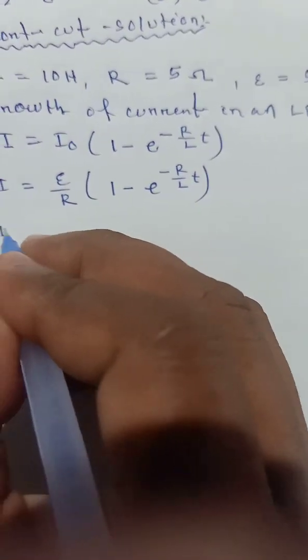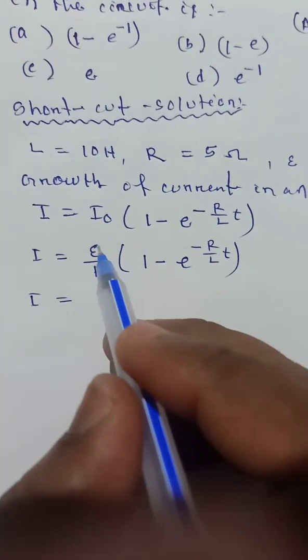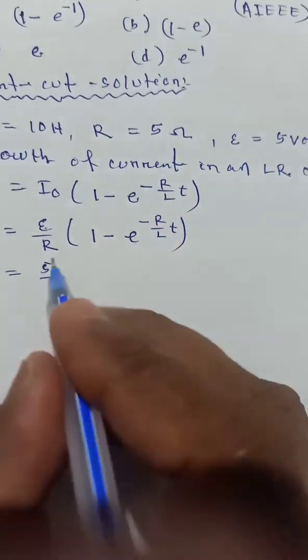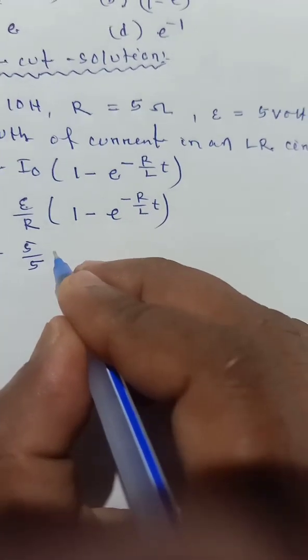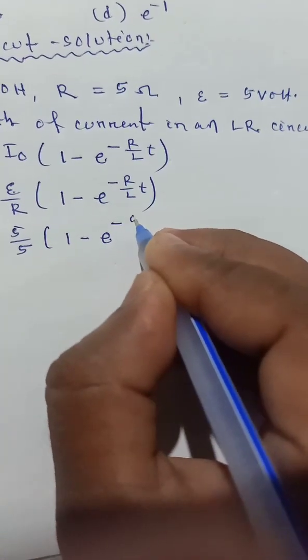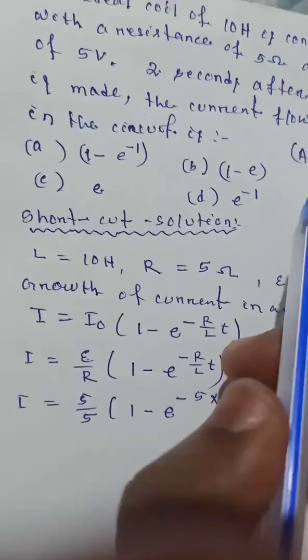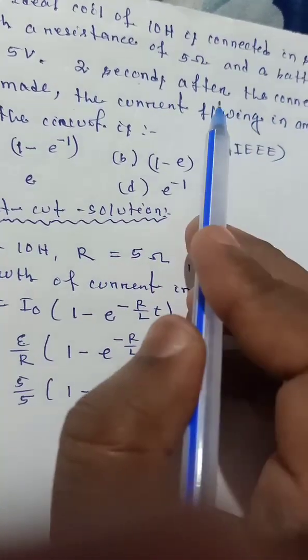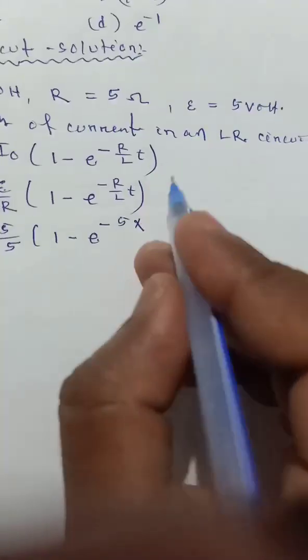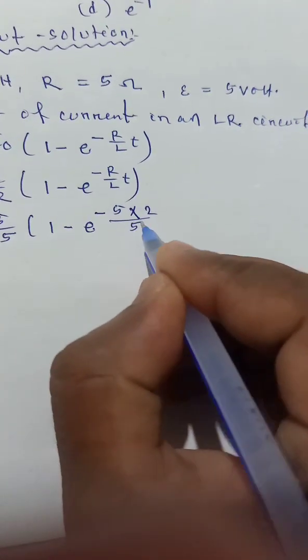So I is equal to epsilon, which is 5, over resistance, also 5, times 1 minus e to the power minus R by L of t. Time is 2 seconds after the connection is made, so t is 2 divided by 5.